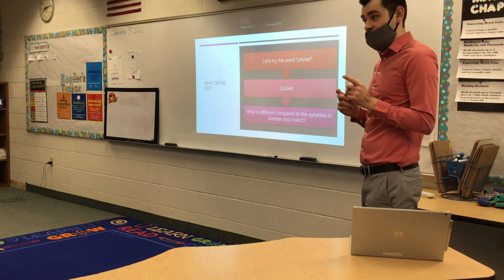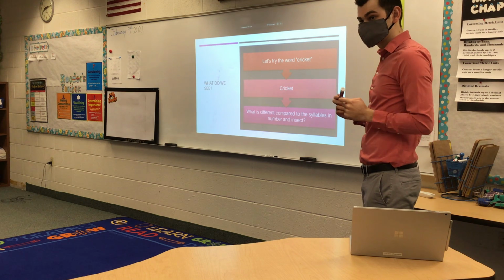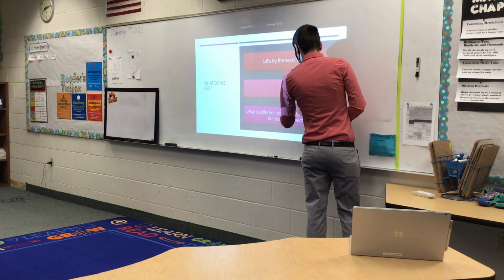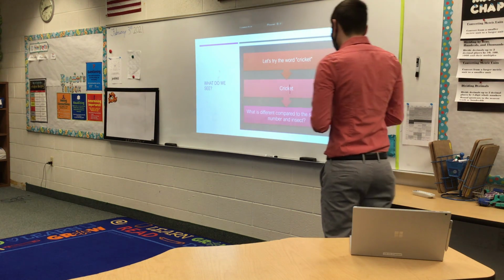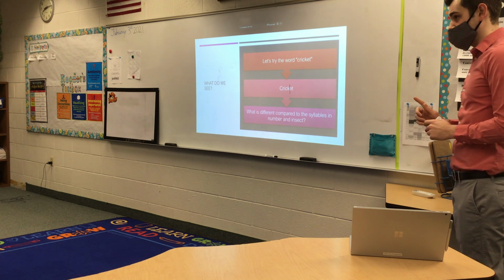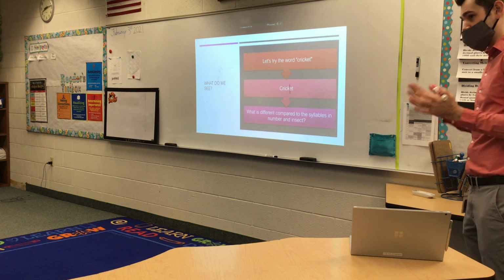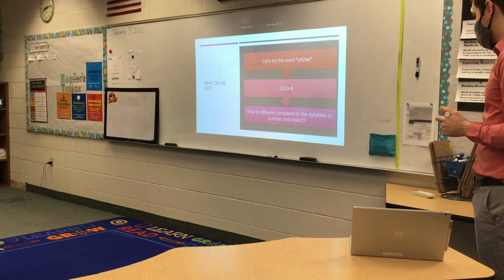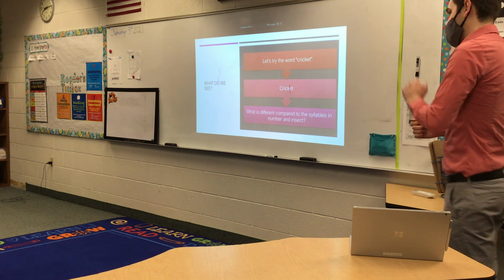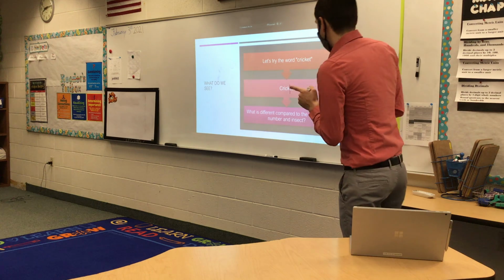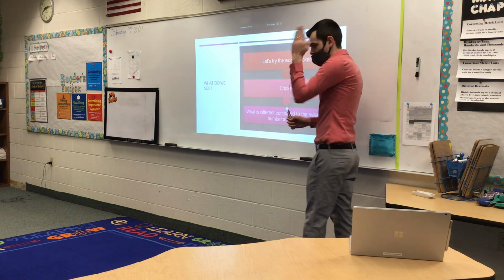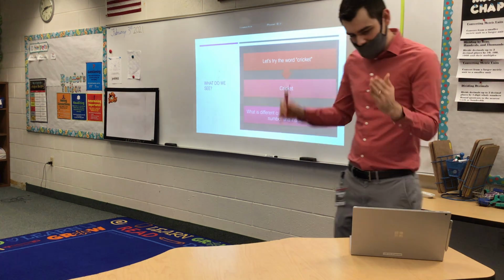Kylie? It's right between the K and the E. Yes, actually right here. What is different compared to the syllables in number and insect? We're comparing now. Zoe? There's a consonant on one side, but there's an E, a vowel, on the other side. So we can see that syllables don't always break right between two consonants. Sometimes it's consonant and then vowel.